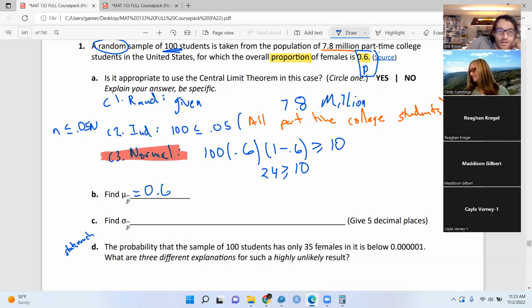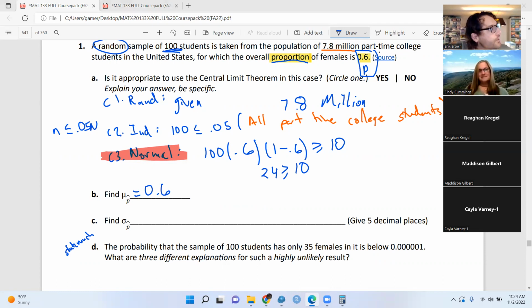So what's happening here is we're gathering a bunch of samples of size 100, and we're saying what percent or what proportion of those 100 students are female. That's a bunch of P hats. And so then we're going to generate this data set of P hats, all these different samples, size 100, with the proportion that are female. And we're saying if we added together all of those proportions, nice, yes.